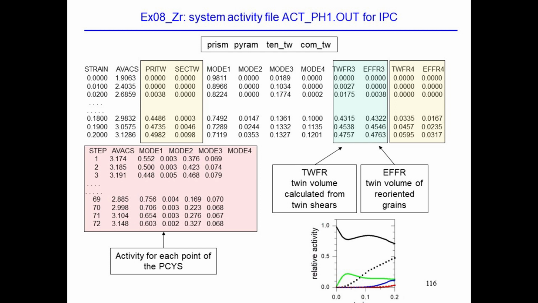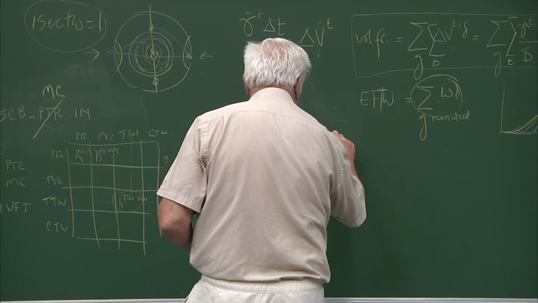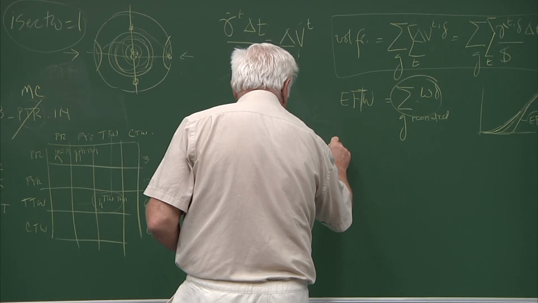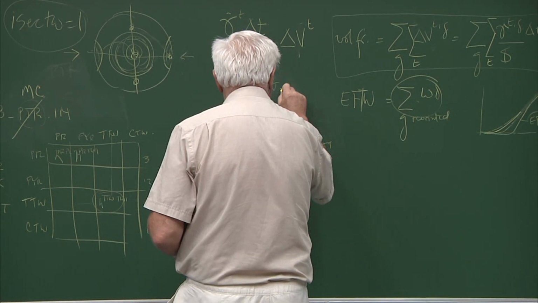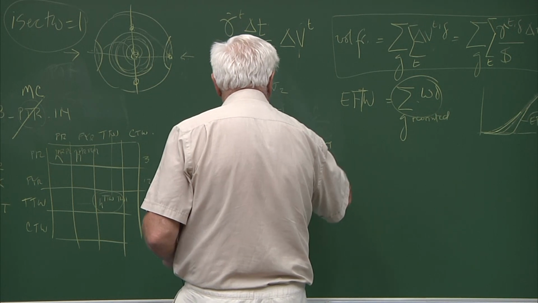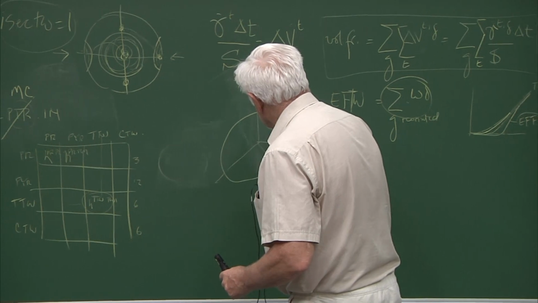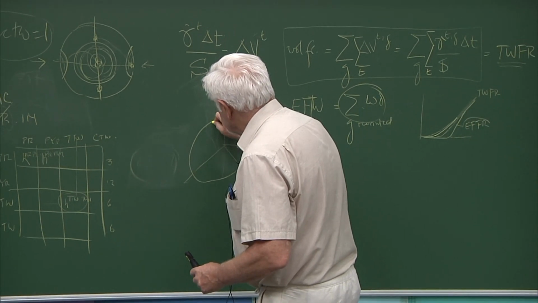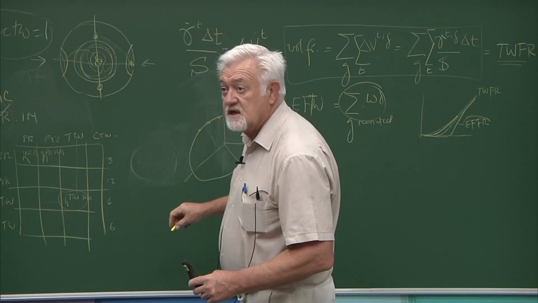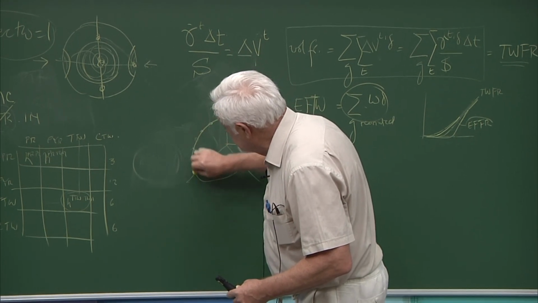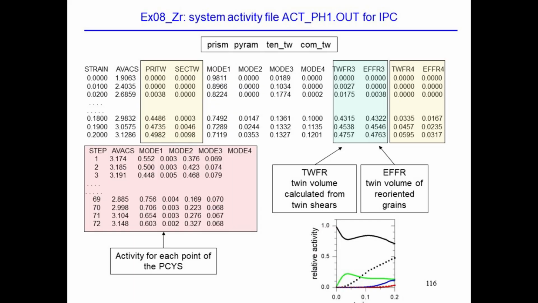Then you can see over 360 degrees, let's say that your yield surface is like that, at each point which systems were activated, or what combination of systems was activated to provide each of these points of the yield surface. That is what is here.